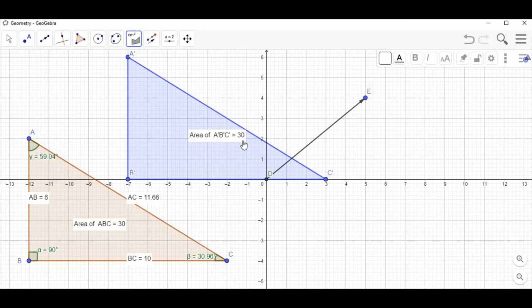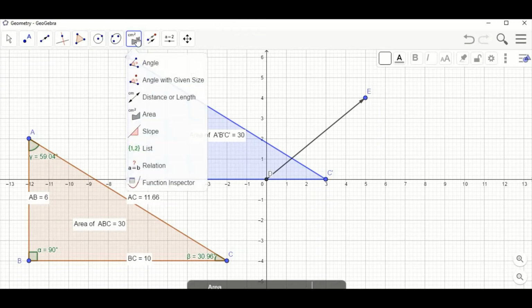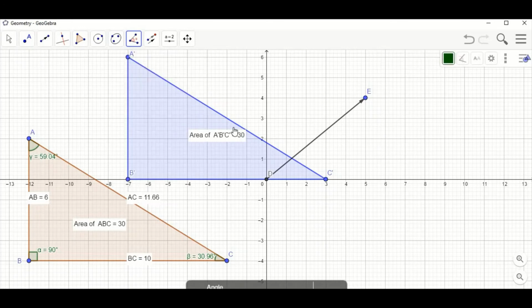Let's see if the angles are also preserved. So let's check that. So let's check angle C prime, B prime, A prime. Okay, so that is also 90 degrees here.